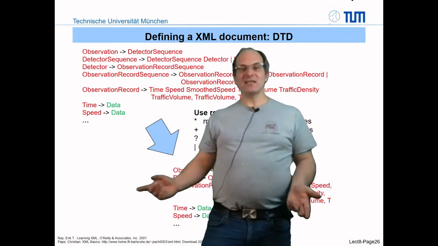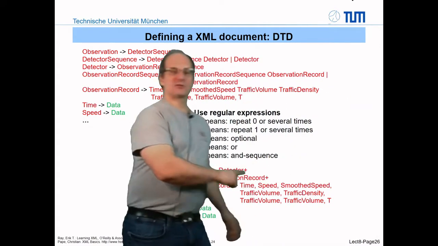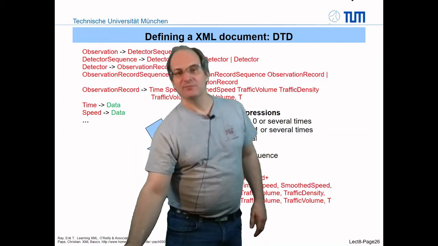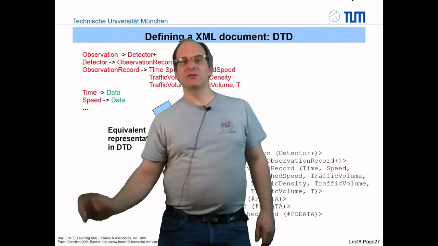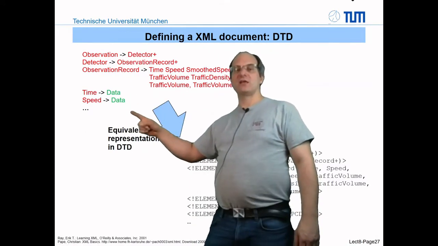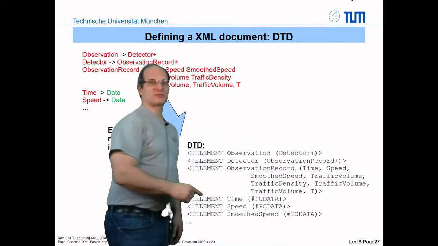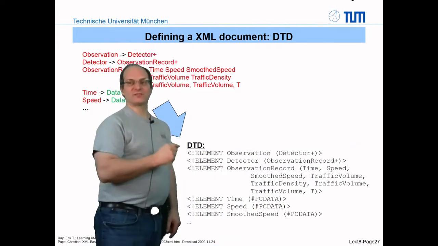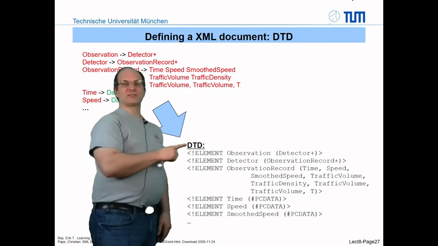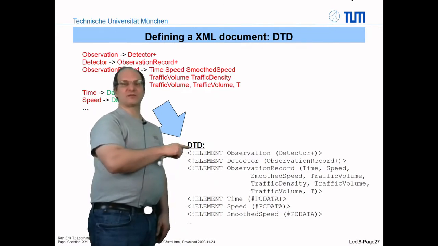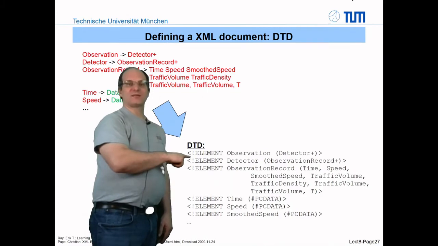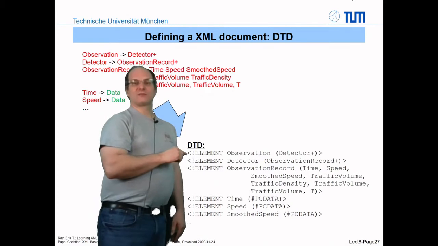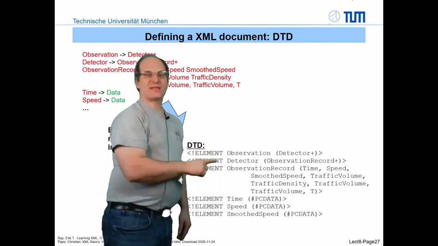And now you just need a representation. This is one possibility, and another is used in DTD. So you take this representation which we created, and you just convert it into an equivalent representation which describes this. Each line is exactly one of these rules. It starts with the less-than sign and ends with a greater-than sign, has this exclamation mark, and then you have ELEMENT.